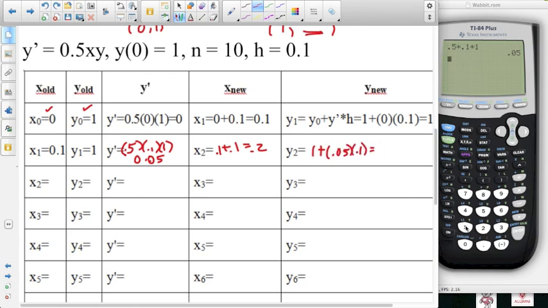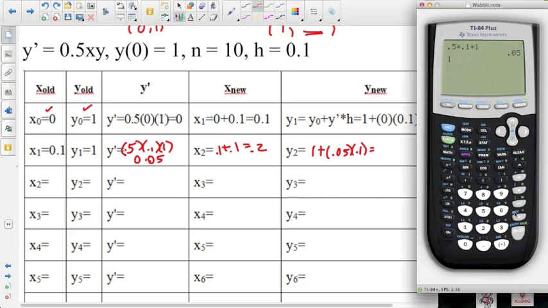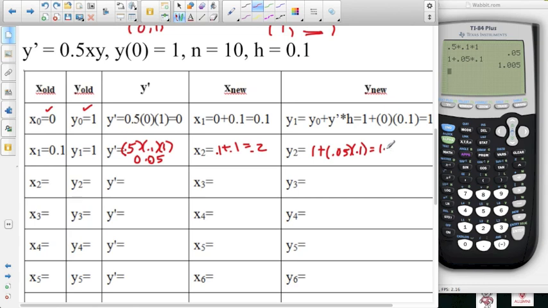So our new value for y is 1 plus 0.05 times 0.1, which gets us 1.005. So there's our new value for y2, and those numbers come down here.